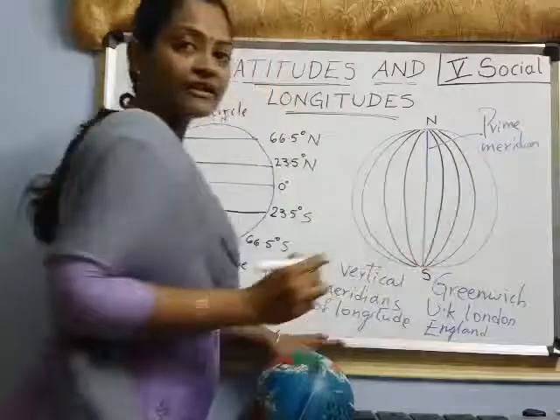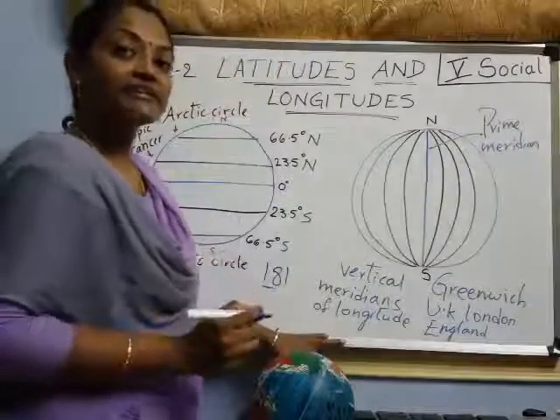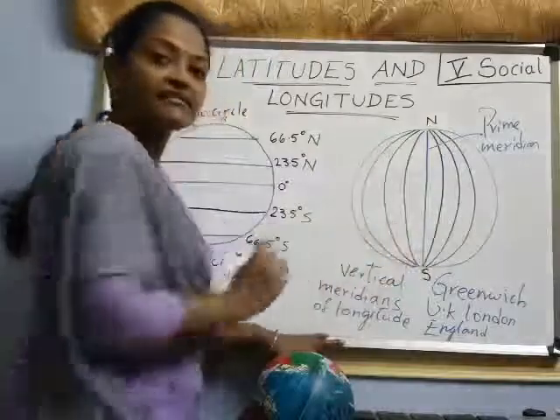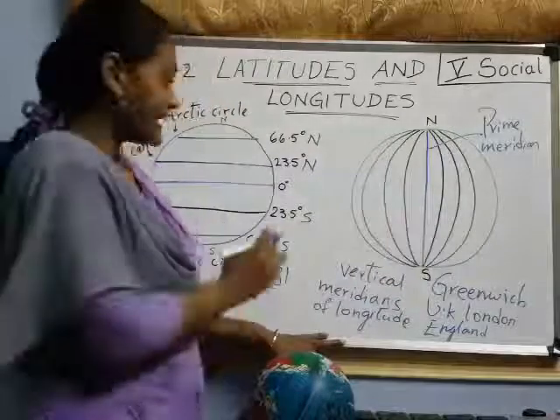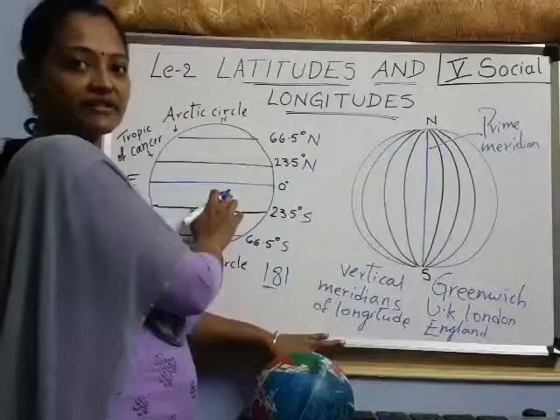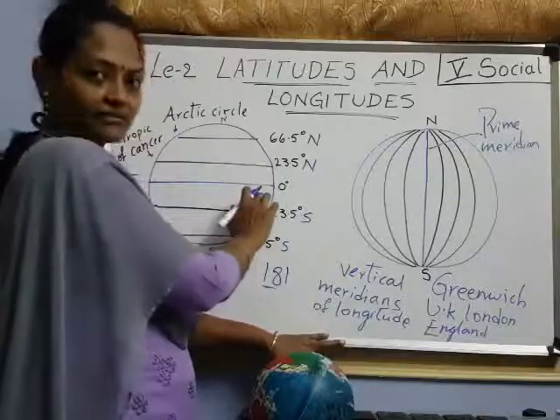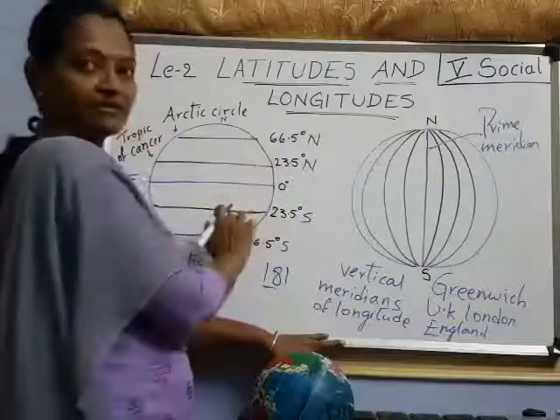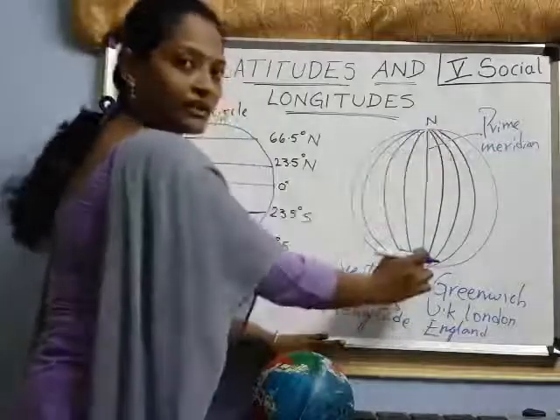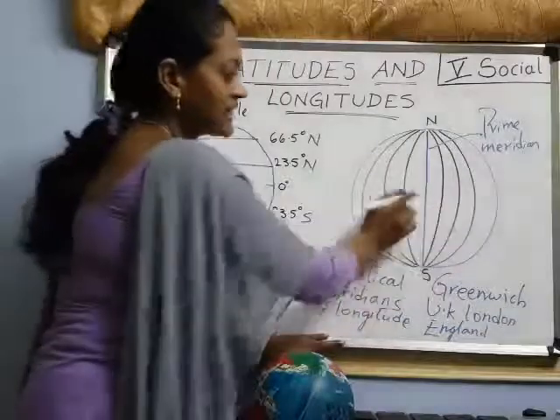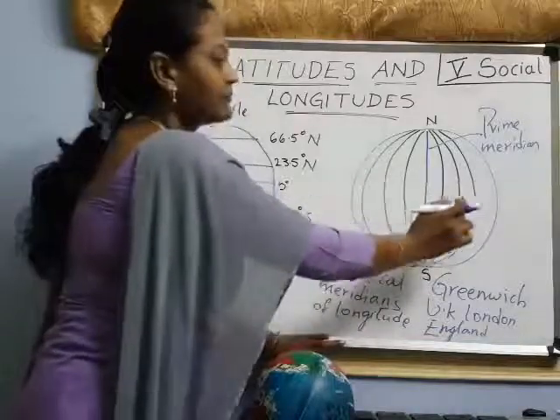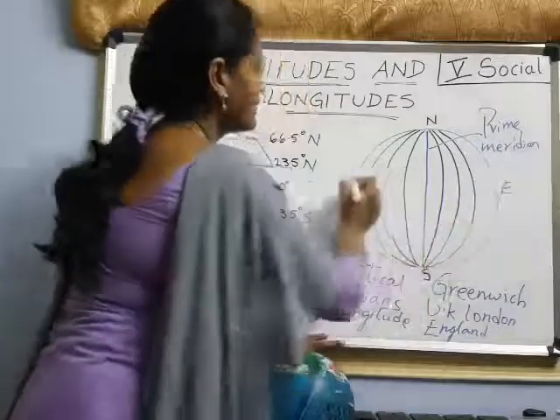The prime meridian is the line that is exactly in the middle, like the equator. The equator is the line that divides the earth into two equal halves, right? Here also the line divides the earth again into two equal halves. This side is the east side and this side is west.